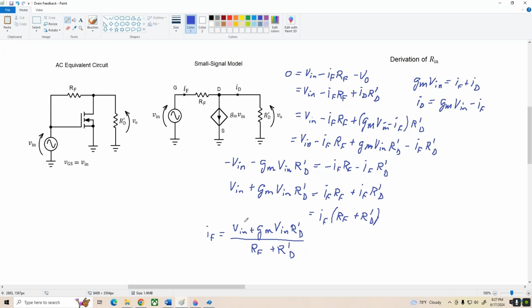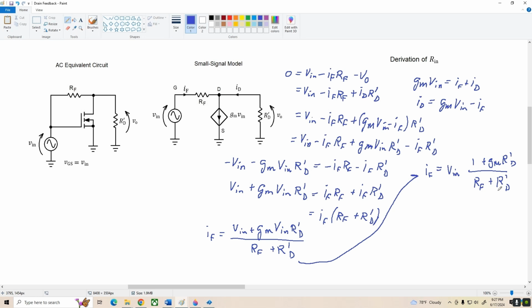All right, now let's do one more thing with this equation. I want to make it a little nicer to work with. I'm going to factor V in out of the numerator and put it outside of the fraction. That gives me I sub F equals V in times 1 plus gm times R prime D, over RF plus R prime D. All right, now I hope you're hanging with me.